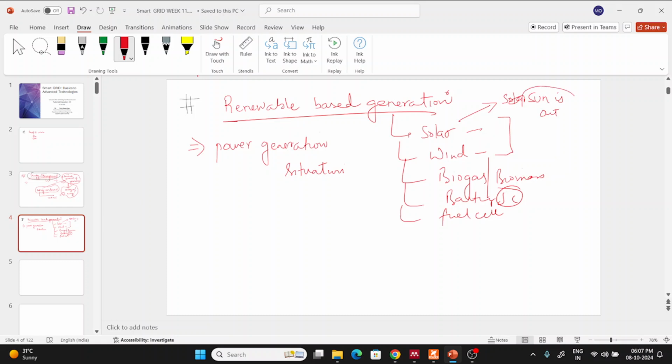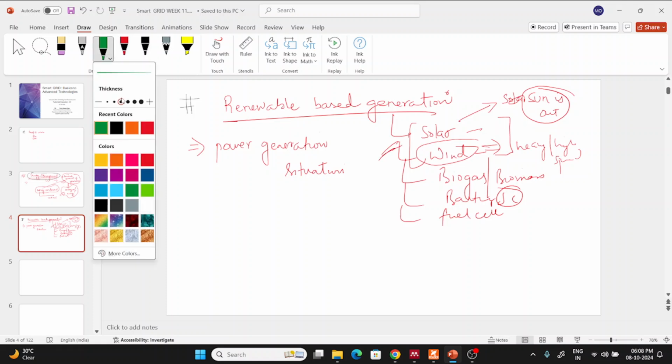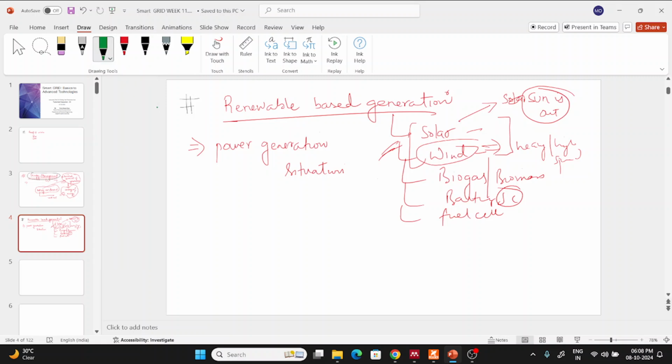Wind will generate energy only when high speed winds are flowing through the atmosphere. But the timing of generation of these energy sources may or may not coincide with the energy demand.